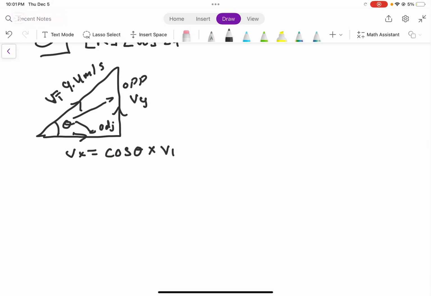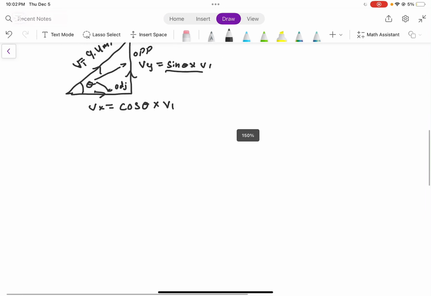And then we know that vy is just going to be sine theta multiplied by v1. And we know that this is going to be sine because vy is opposite the reference angle, and vx is going to be cos because vx is adjacent to the reference angle.